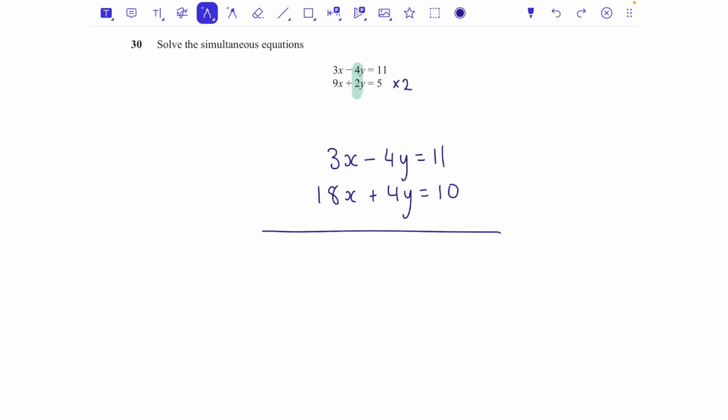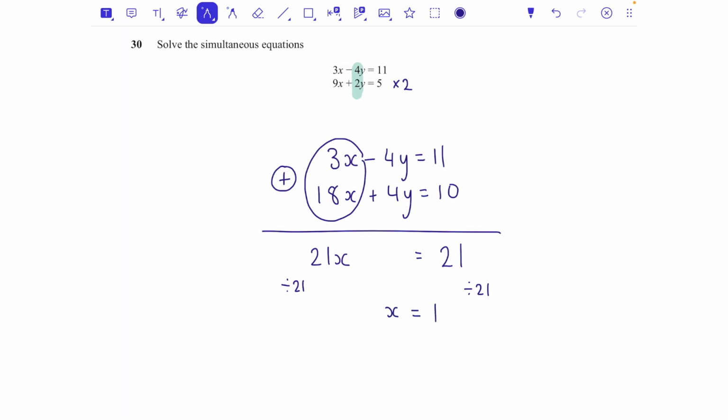But because we've got one negative and one positive, I'm going to add them together and that will cancel them out. So I'm going to do 3x add 18x, which is 21x, minus 4y add 4y, that becomes 0, that's cancelled out, and 11 add 10, that is 21. Now if 21x equals 21, dividing both sides by 21 tells me that x is 1.